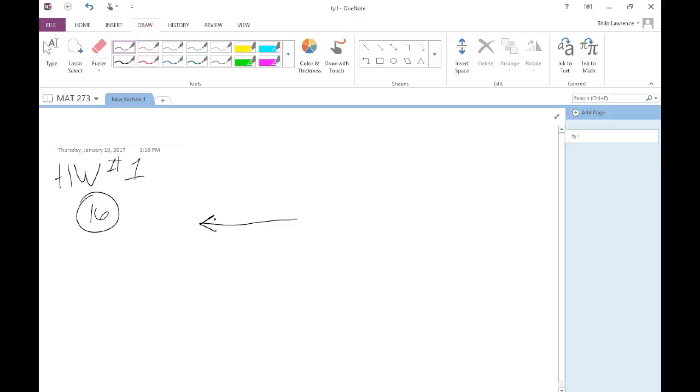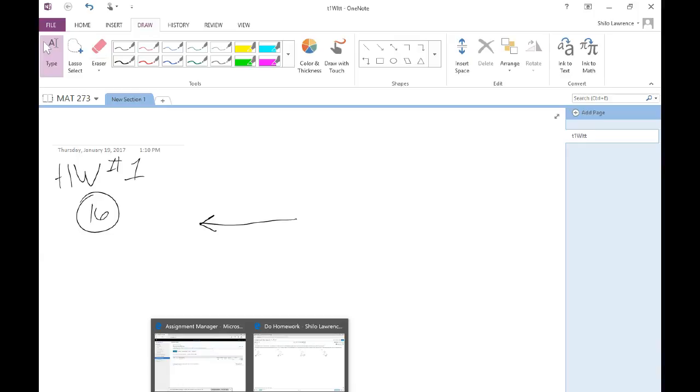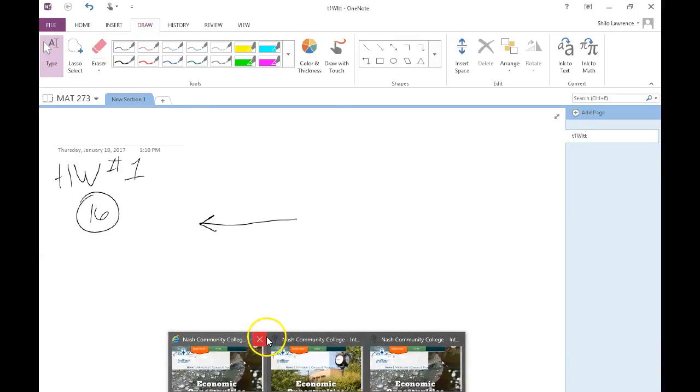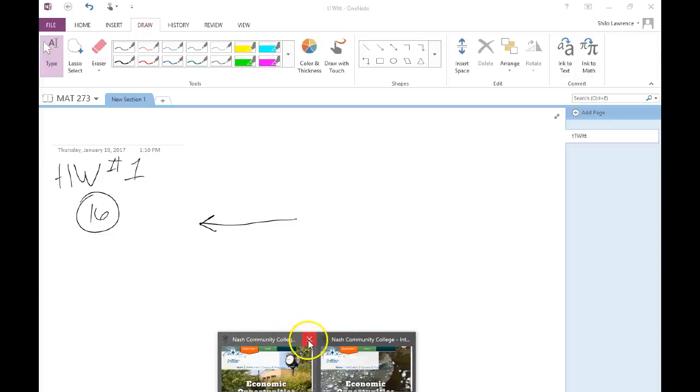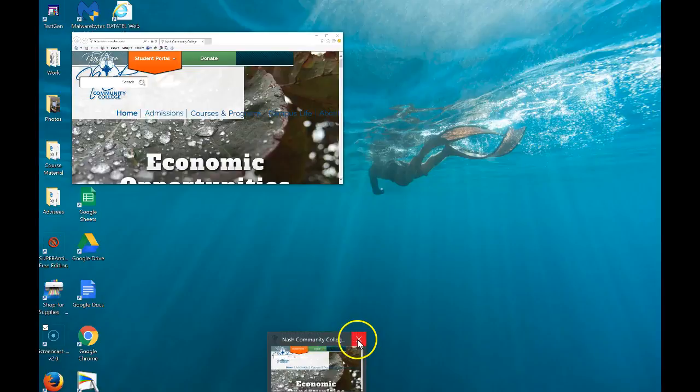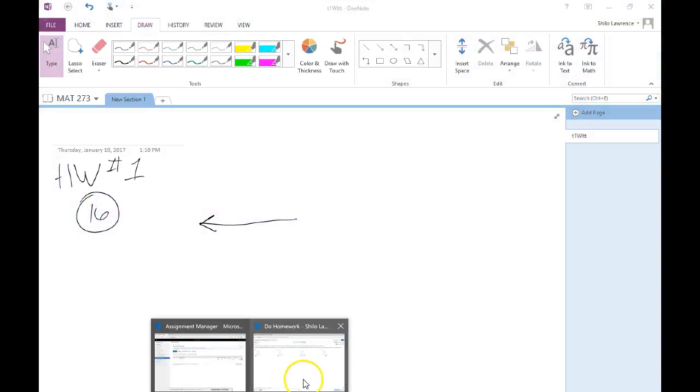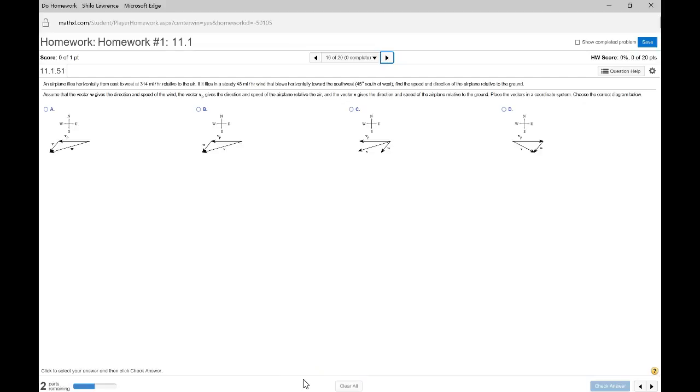And then the wind is blowing 45 degrees south of west. So the picture options they give us look like they're doing the polygon method, because they're taking one vector and putting its initial point where the other vector ends.